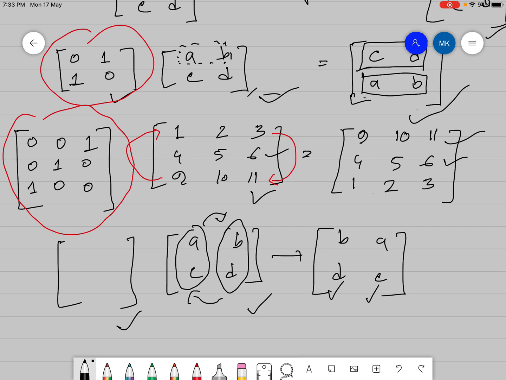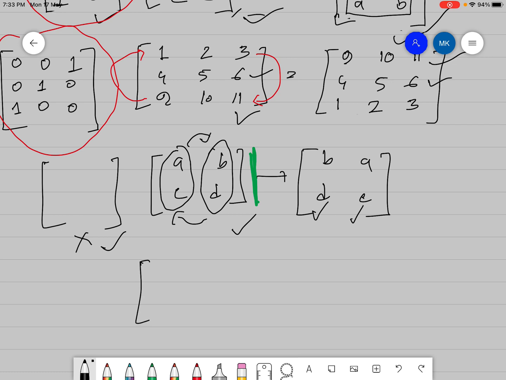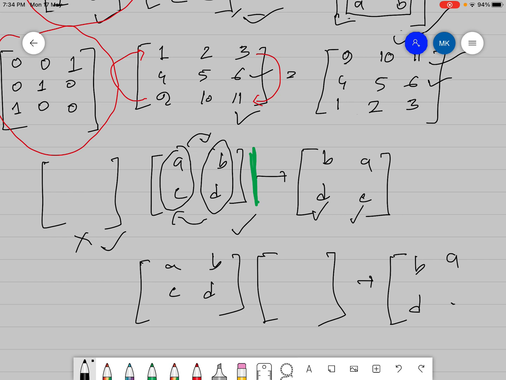The answer is, the approach is wrong, because we are not doing any row operation here. As we are doing a column operation, we will have to use the matrix here. So in that case, A B C D, there should be a matrix here that would give me this output, right?